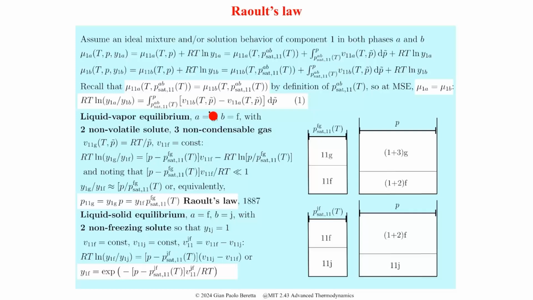For example, if we take this case where we have moist air on salted water, then for air we can assume for the specific volume the ideal gas law. For the liquid we can assume liquid water, the incompressible fluid model, so that the volume, the specific volume, is constant.